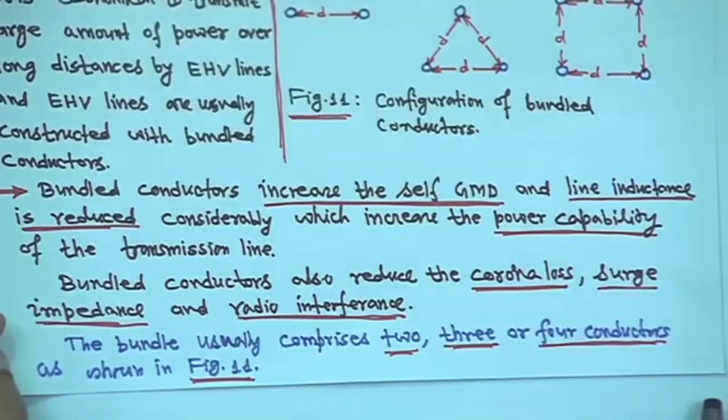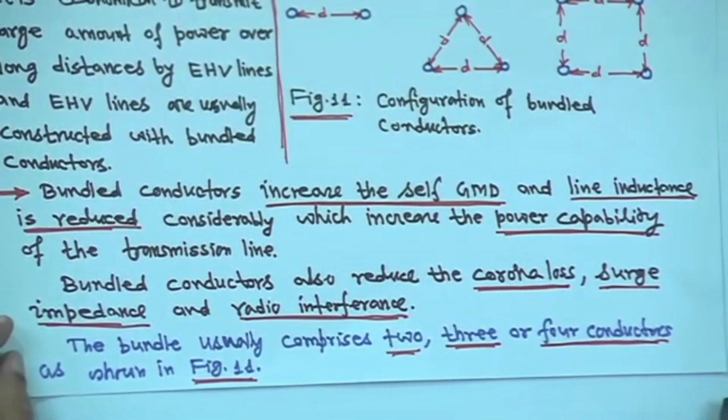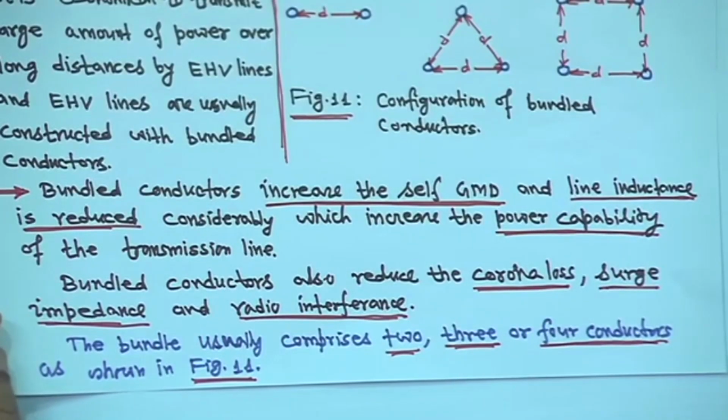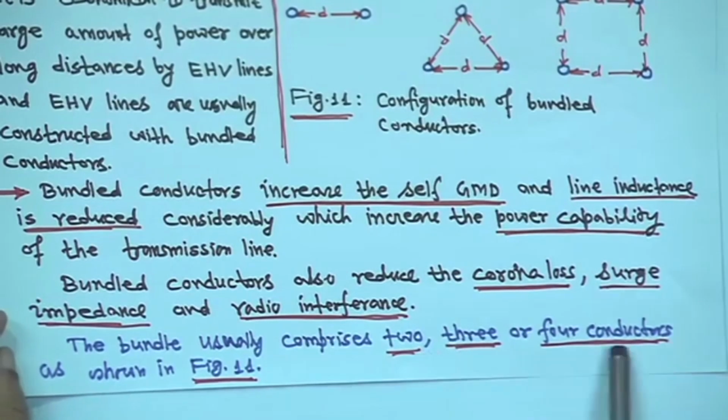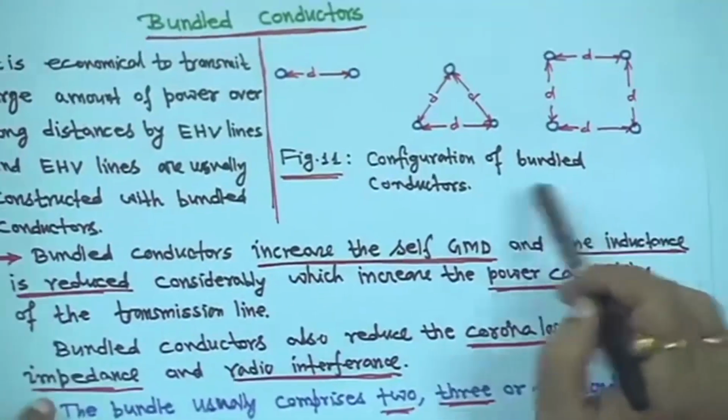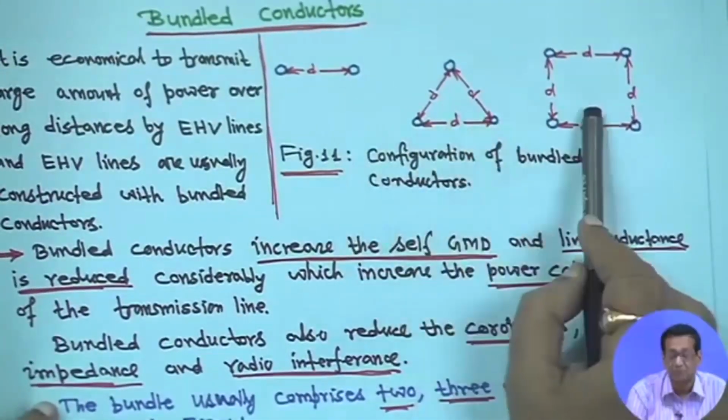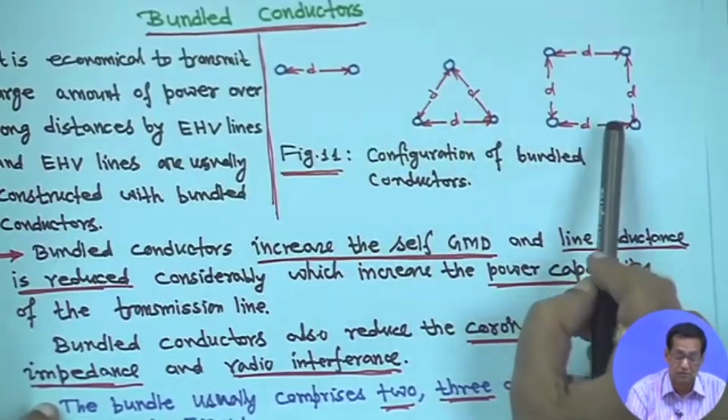Bundle conductors also reduce the corona loss, surge impedance and radio interference. Generally, bundle conductors usually comprise 2, 3 or 4 conductors as shown in figure 11. Here I am showing 2, 3 or 4, but it may be more also.